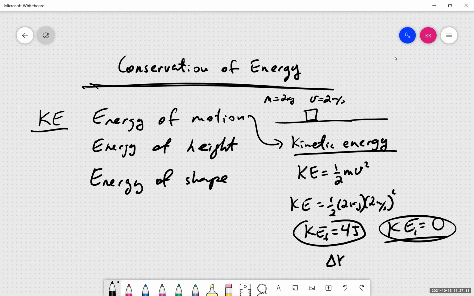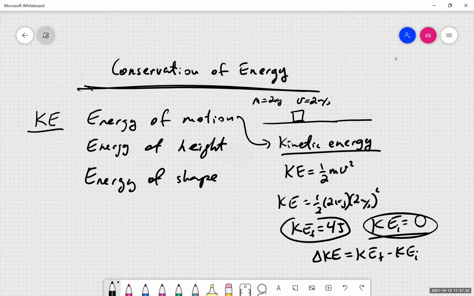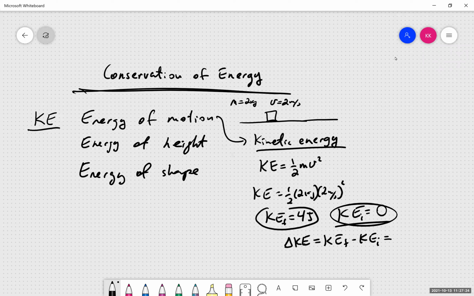Then you can say that the change in kinetic energy is equal to the final kinetic energy minus the initial kinetic energy. That can tell you if your object has any type of motion or not. So for example, now if this is 4 joules minus 0, we get 4 joules, meaning that I have a positive change in kinetic energy. That means my object started moving faster. So that's information that we can get from this energy.